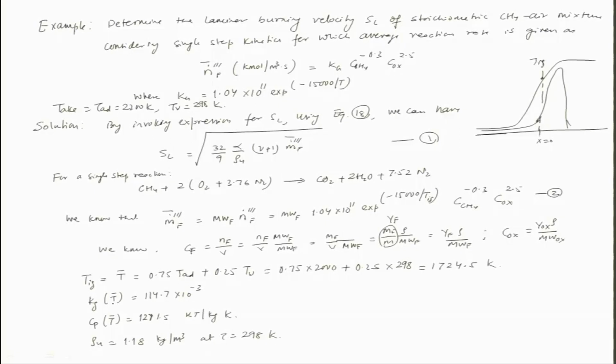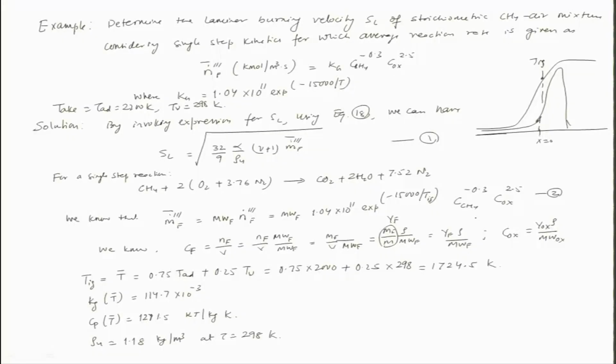But keep in mind, what we will do now is evaluate the m dot f, and for that we need to evaluate the mass fraction of the methane and the oxidizer.